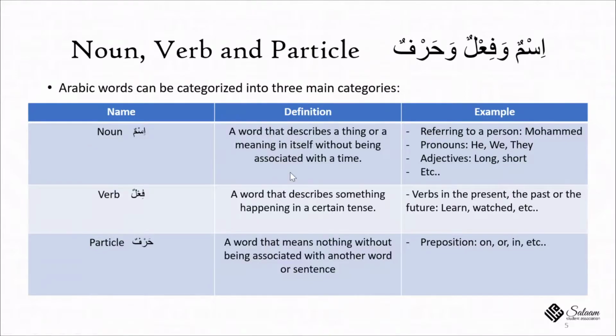Like the name of a person, pronouns that we discussed, adjectives, etc. Now, if a word does not have a meaning until we have it in a certain tense or time, then it's called a verb.